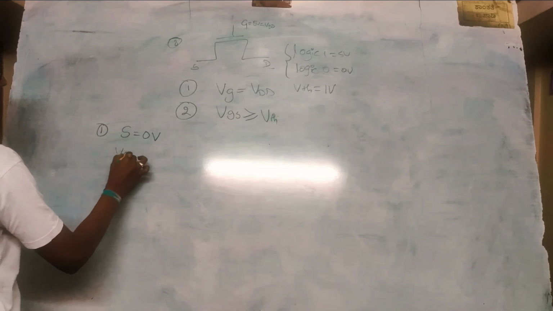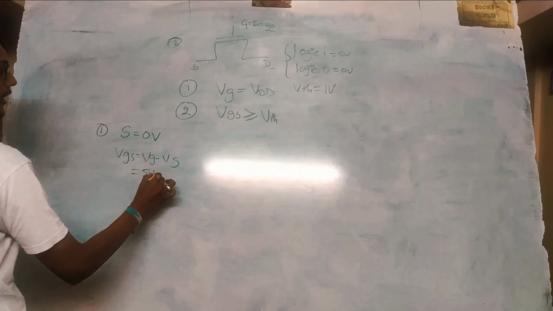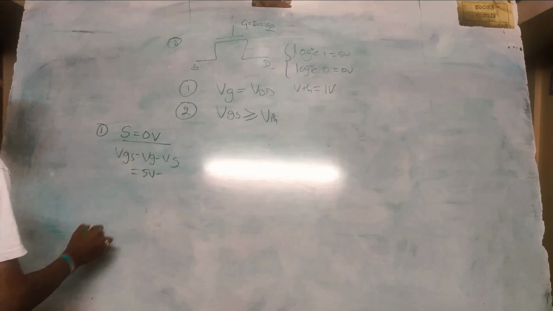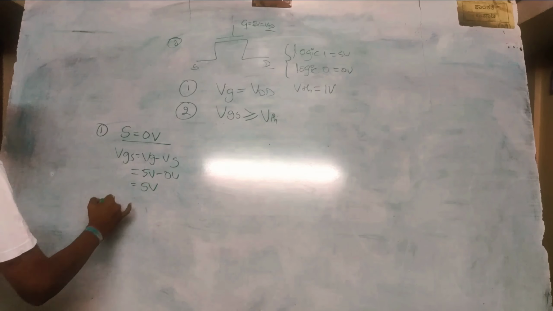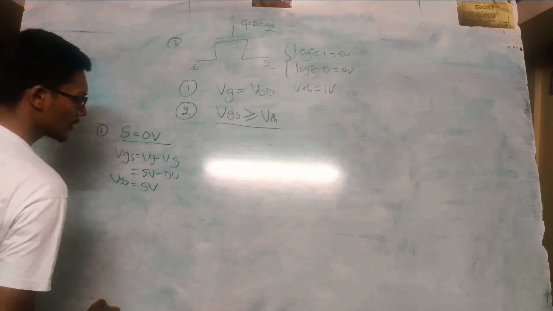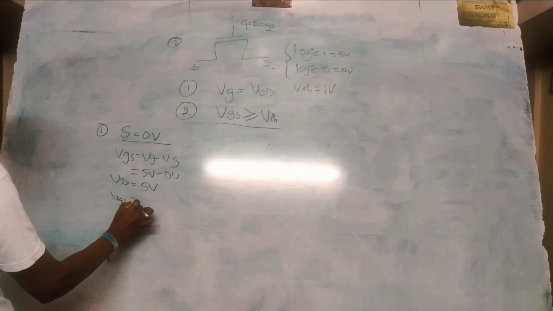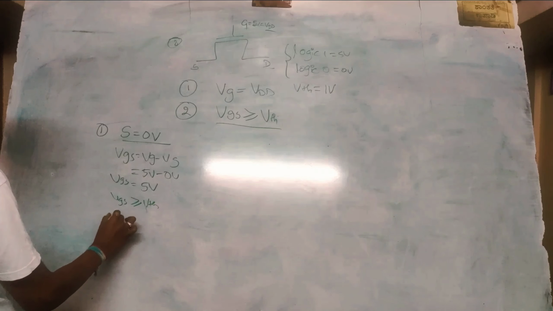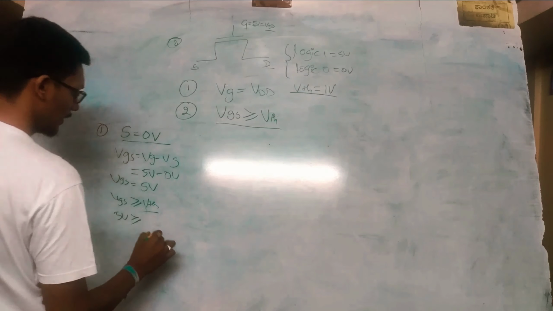We have VGS equal to VG minus VS. VG is equal to VDD, that is 5 volts, so 5 volts minus the source voltage of 0 volts gives VGS equal to 5 volts. The condition is that VGS should be greater than or equal to VTH, that is 5 volts is greater than or equal to 1 volt.